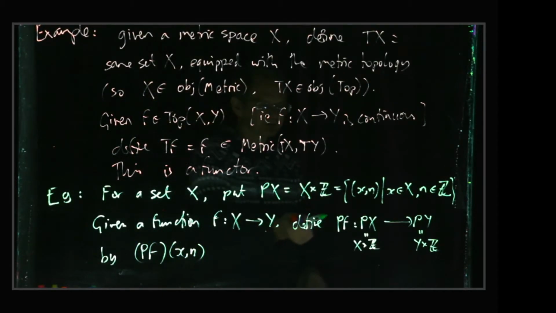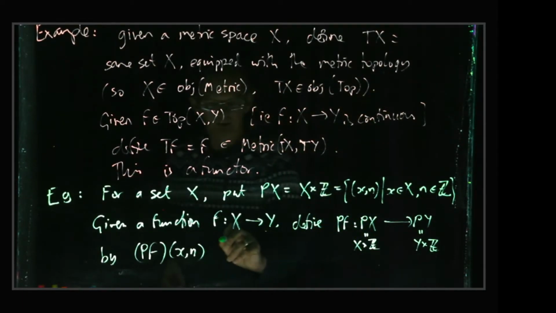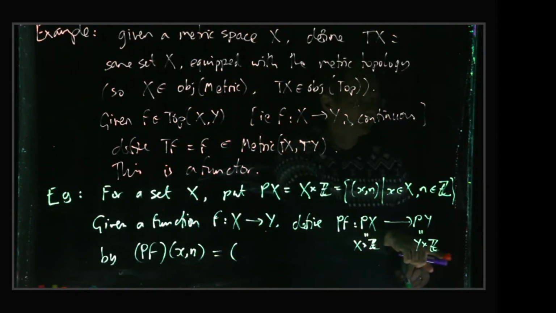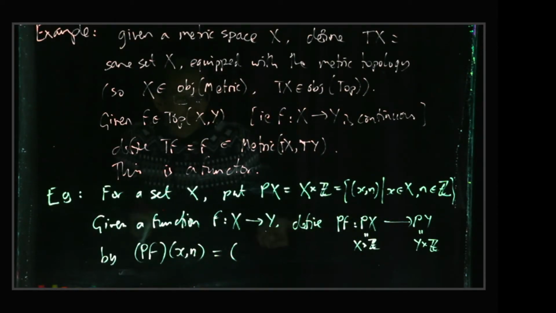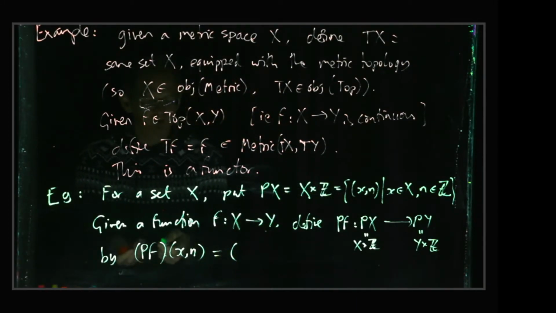A typical element of PX is just like (x, n), so we need to give a formula for what Pf of (x, n) is going to be. And this has to be an element of the set Y cross Z. So the first component has to be an element of Y. What element of Y could it possibly be? There's really only one element of Y that we can produce out of these ingredients.